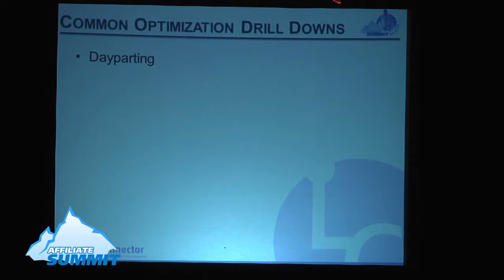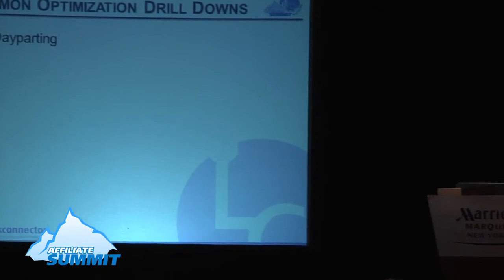So we're going to look at ways to drill down into EPC. One of the most common ones is day parting. I'm sure everybody here is familiar with it. So you're looking at time of day, and what this particular advertiser's time of day graph displays confirms the fact that we all buy when we're at work, when we're supposed to be working.